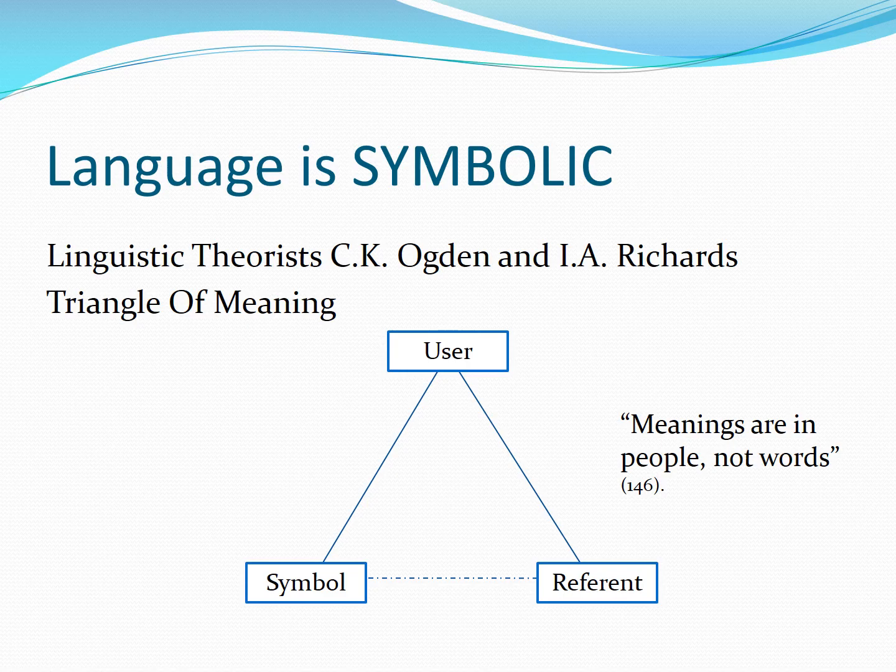So to begin with the idea that language is symbolic, if you look in your text on page 143, it talks about linguistic theorists Ogden and Richards and the triangle of meaning. So the idea is that meanings are in people and not in words, but we try to explain a thought that the user has, and when we are explaining those thoughts, we attach it to a symbol, and that symbol is referring to a particular thing.